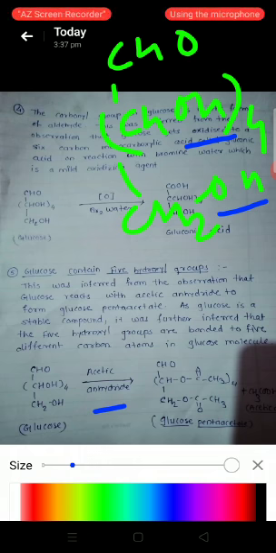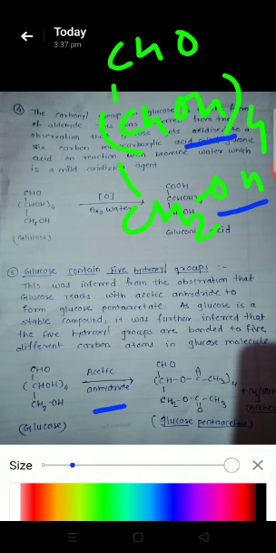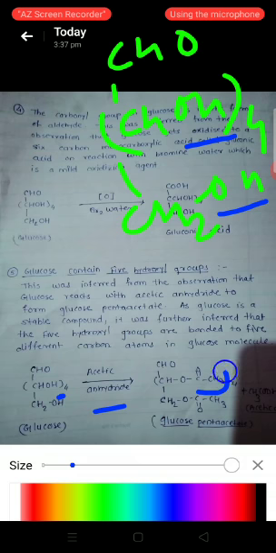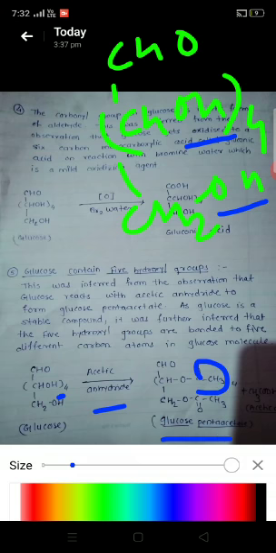When this glucose molecule reacts with acetic anhydride, it forms glucose pentaacetate. Here the hydrogen of the OH group is replaced by C double bond O CH3, and hence glucose forms pentaacetate along with acetic acid. From this, it is confirmed that glucose contains five hydroxyl groups.